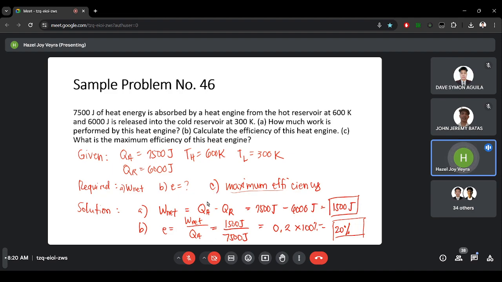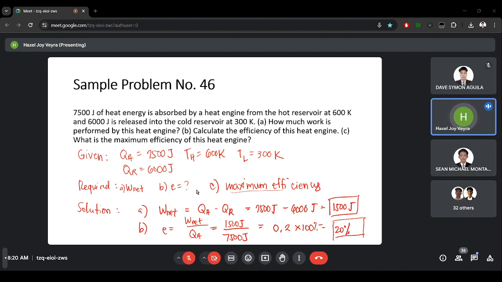So in the QA and QR, these values already have the losses. Kumbaga, in real life this should be 8,000 joules, but since it has losses, it became 7,500 joules. So that's why we use W net over QA for the second question.